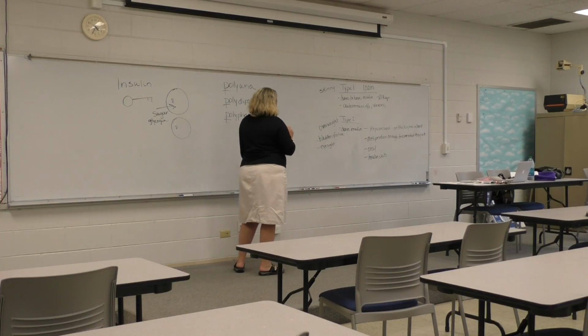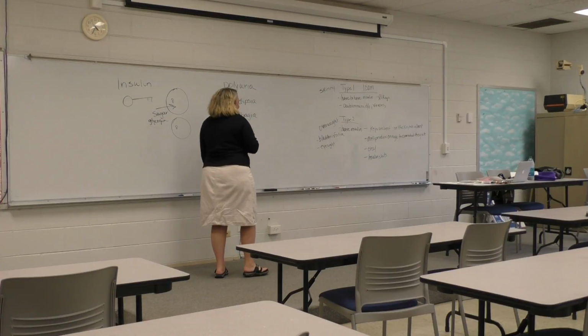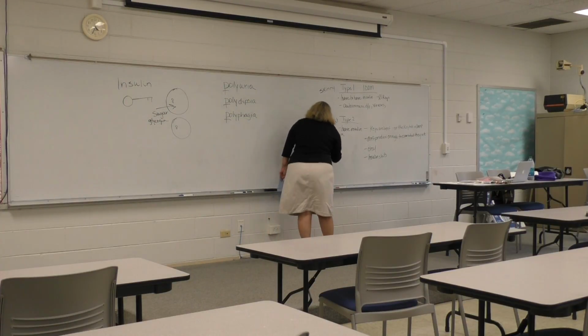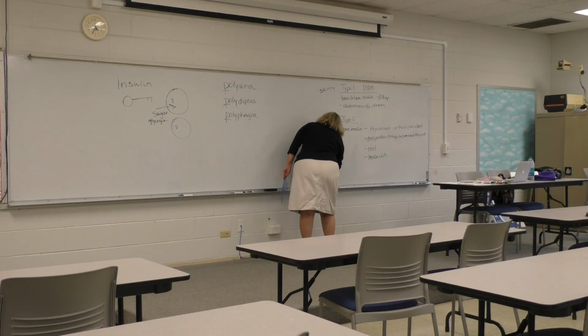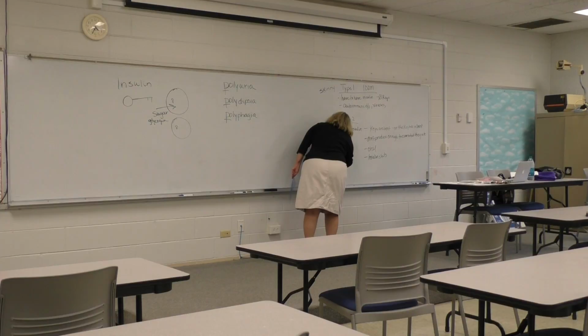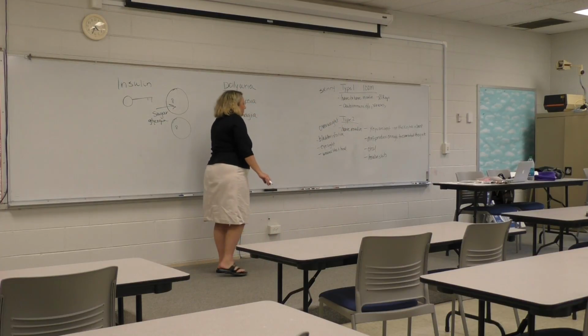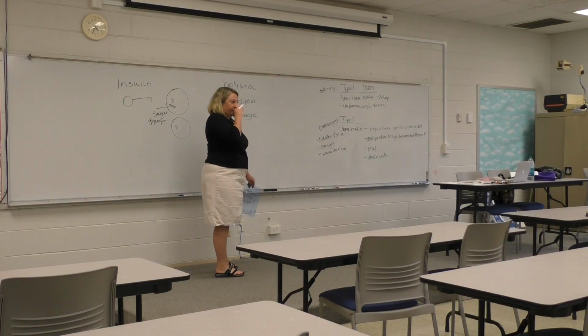My eyesight is going bad. They're having trouble seeing, so they go see their eye doctor. Also, they might have a wound that won't heal. So that's what gets them to go see the doctor.